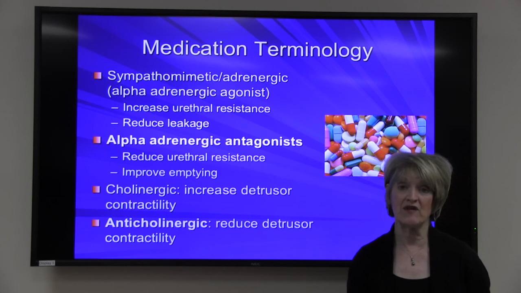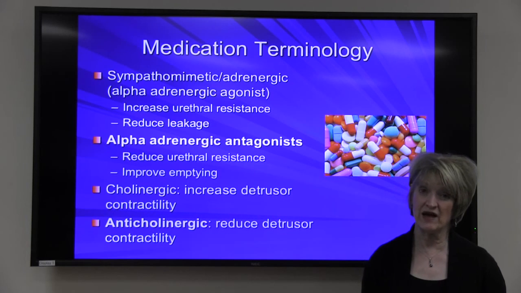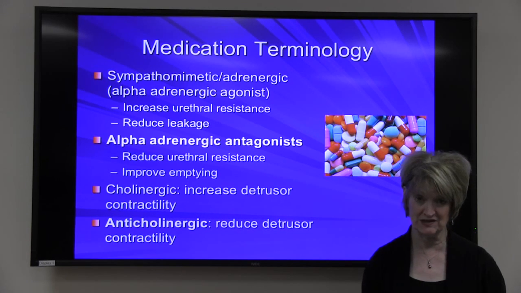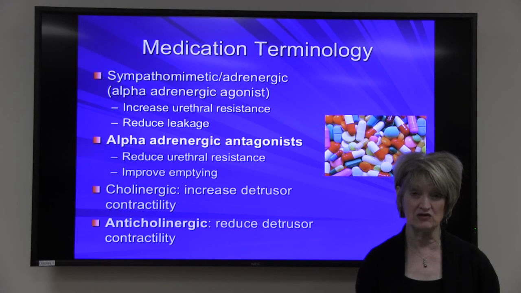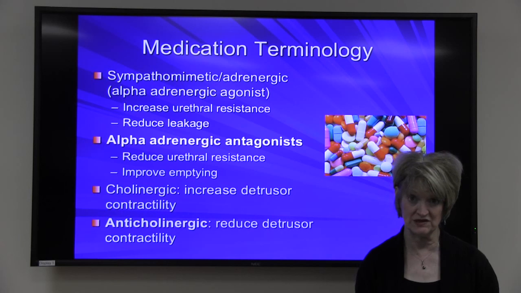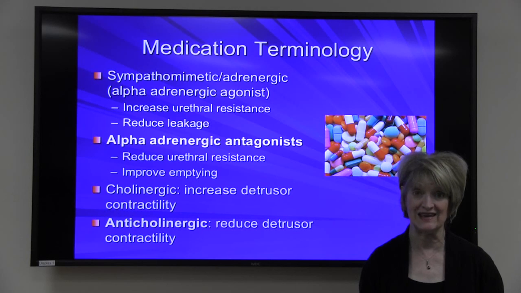But what about alpha-adrenergic antagonist? Now, if alpha-adrenergic agonists increase urethral resistance, alpha-adrenergic antagonists are going to reduce urethral resistance. That's going to be beneficial in the patient who has problems during the emptying phase.